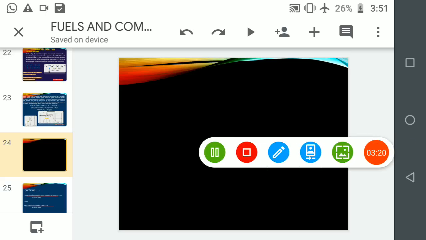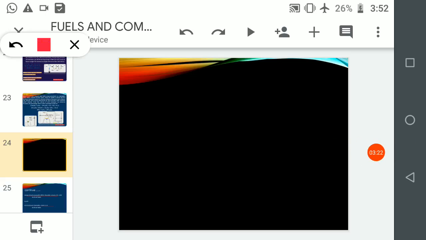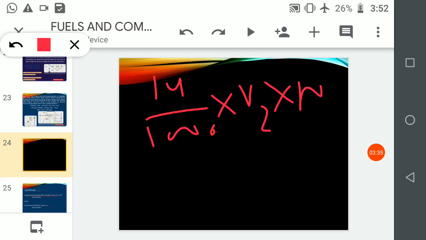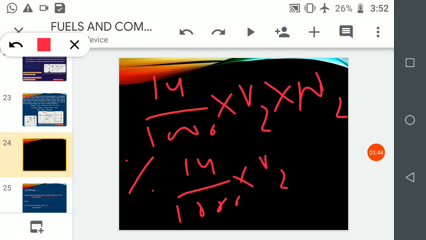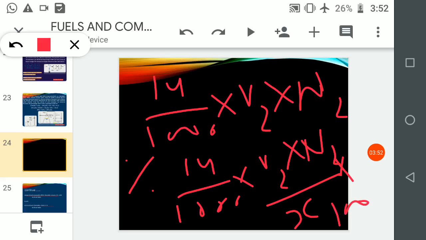So V2 ml of ammonia solution of normality N2 contains nitrogen 14 upon 1000 into V2 into N2 gram. So we can find out the percentage: 14 upon 1000 into V2 into N2 upon X into 100. You can also see it in the diagram.